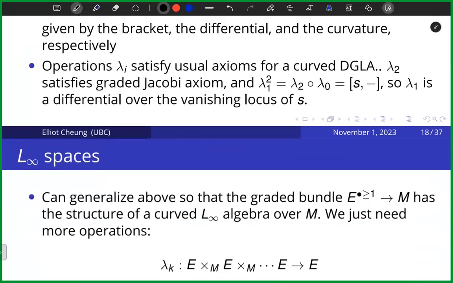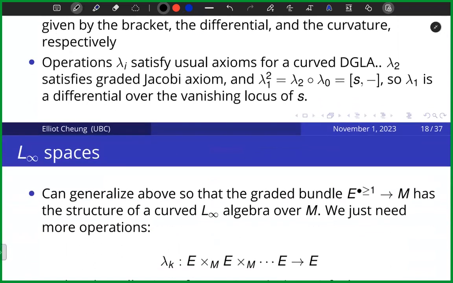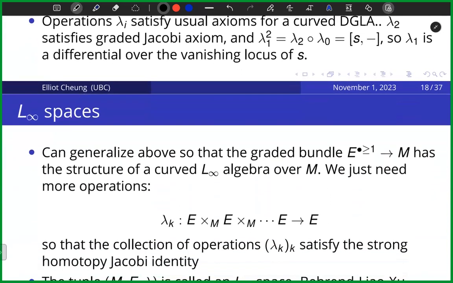And you can generalize this, so the bundle can have a curved L infinity structure, which just requires you to include more operations that express that the Jacobi axiom is satisfied up to strong homotopy. So Jacobi holds up to homotopy, and you provide all the homotopies.